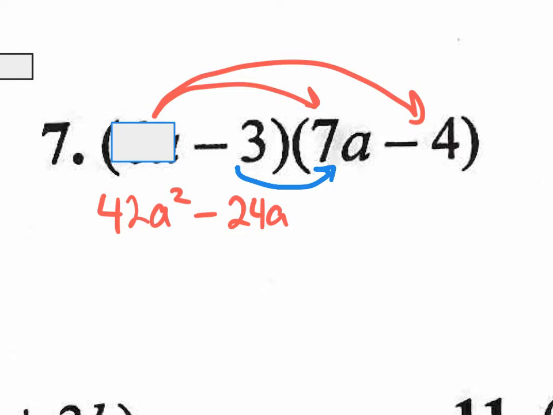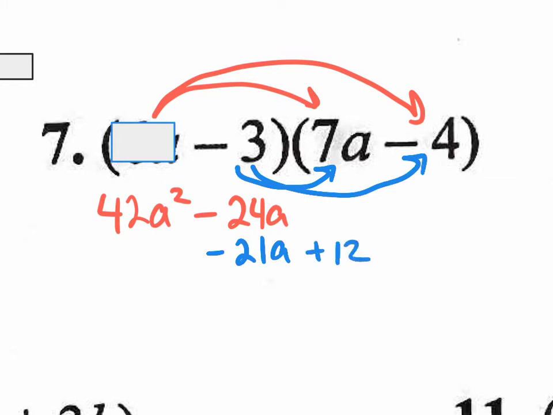Negative 21a. Now you could write it right here, negative 21a, or the other option was to write your next term underneath the other term that you're going to combine. So instead of writing negative 21a on the side, I'm going to write negative 21a right below the negative 24a. And then I'm going to distribute negative 3 times negative 4. That is a positive 12.